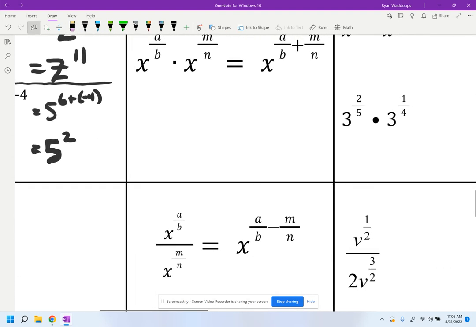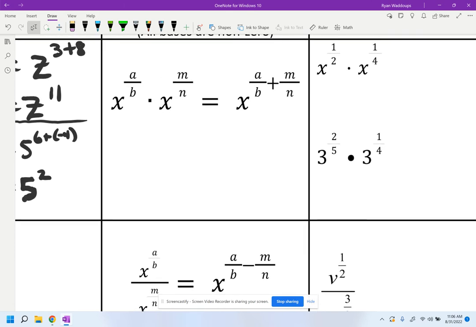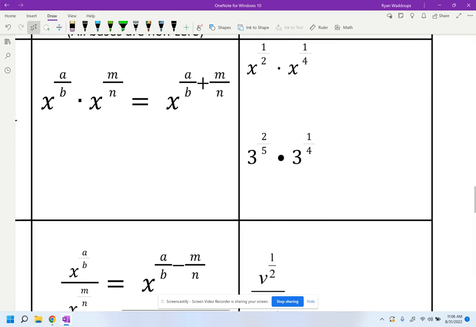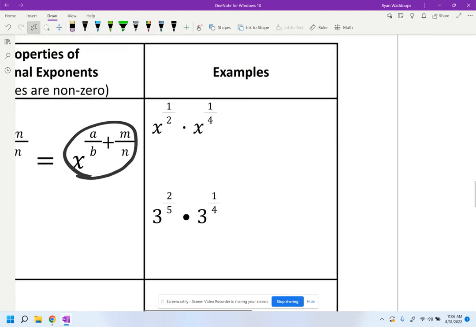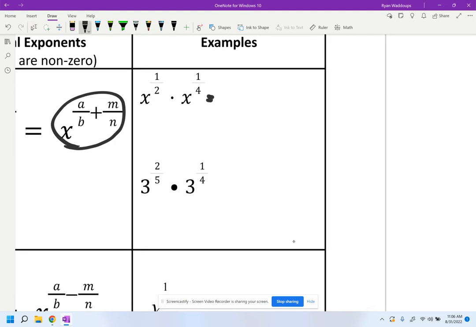If you've got rational exponents, the same applies, but you have to make sure that when you're adding the exponents, they have the same denominator, a common denominator. Let's look at this first example here. So we've got x to the 1/2 plus 1/4 power.